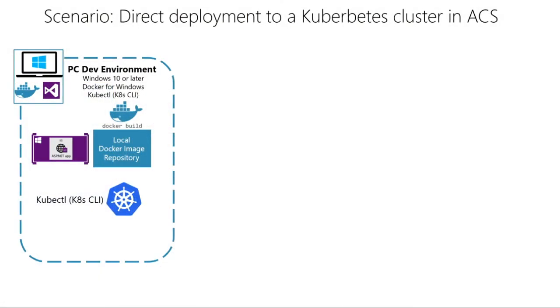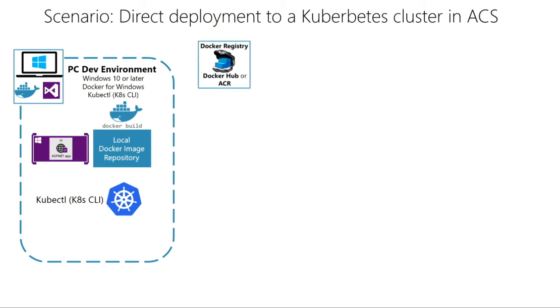So let's see another scenario. So we have that development environment, Docker, same thing that we had previously. But now we're also going to deploy into Kubernetes. So we need to have the Kubernetes CLI and kubectl installed on the local machine in the development environment.